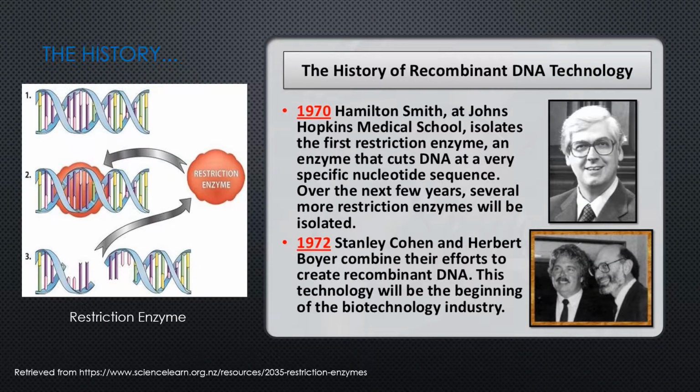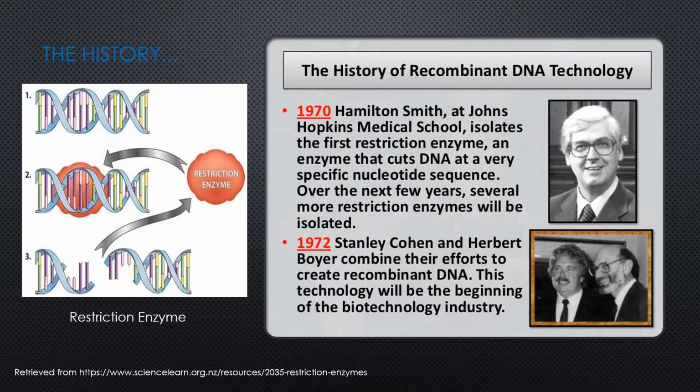So now let's take a quick look at the history of how this amazing technique came to be. In 1970, a man named Hamilton Smith isolated the first restriction enzyme. This will be covered later in the presentation, but basically a restriction enzyme cuts DNA at a very specific nucleotide sequence.